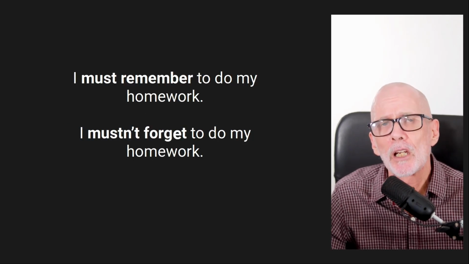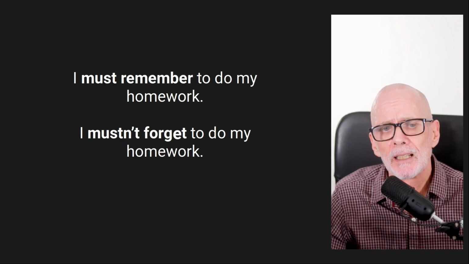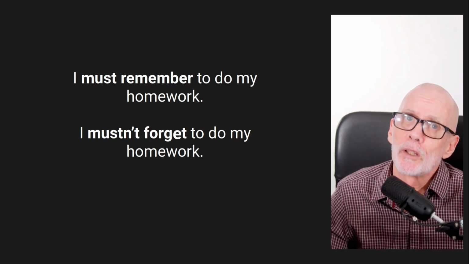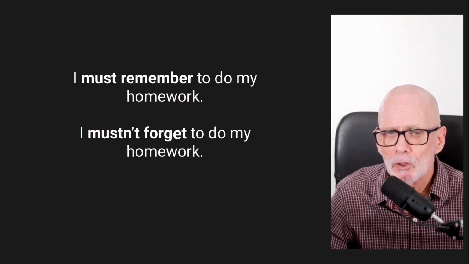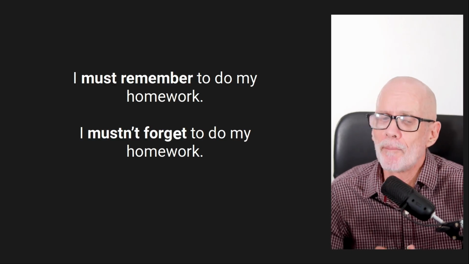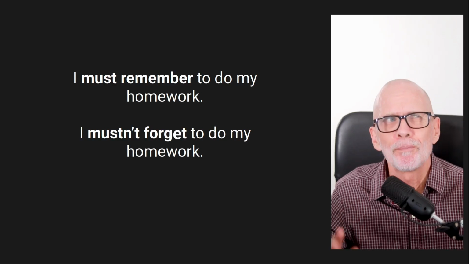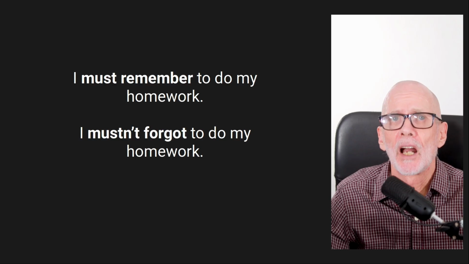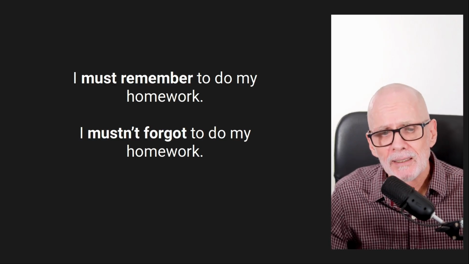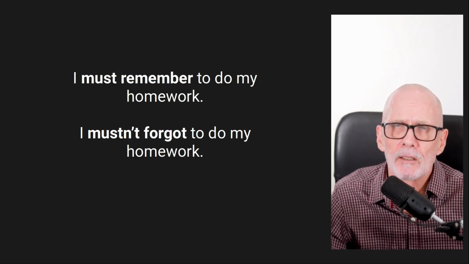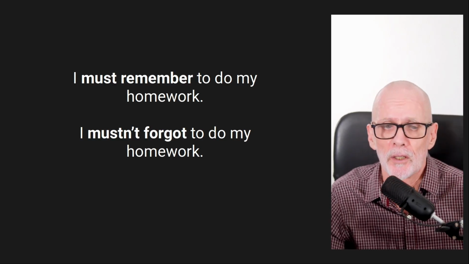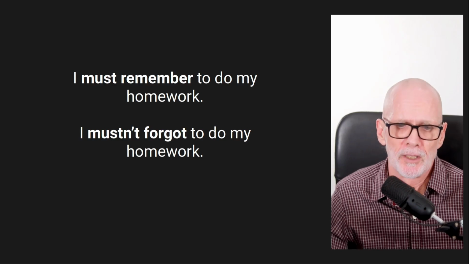Another place that's very common to use must is with the verbs remember, or in the negative with forgot. I must remember to do my homework, or I mustn't forget to do my homework. That's more like a fixed expression. People don't normally say I have to remember. And the second one, which is in the negative, brings me to the final part of this video, which is the negative.